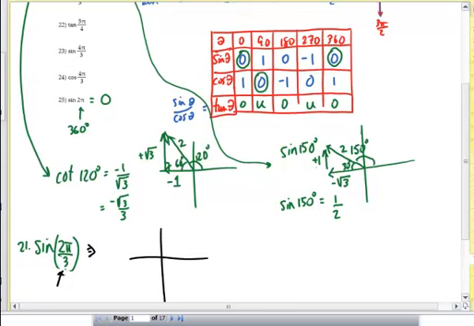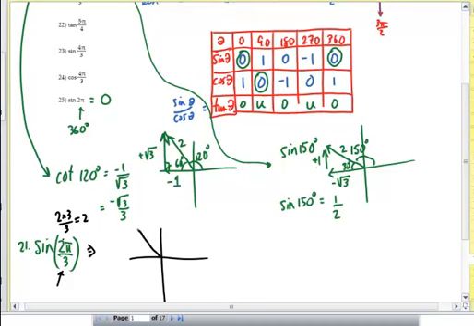Because there's a 3 there, the reference angle is 60 degrees. And we have to estimate that this angle is at the 2 radian mark, because 2 times 3 divided by 3 would be approximately 2 radians.